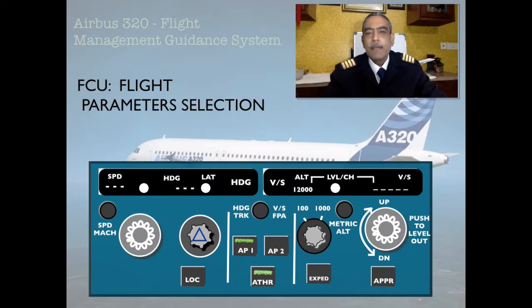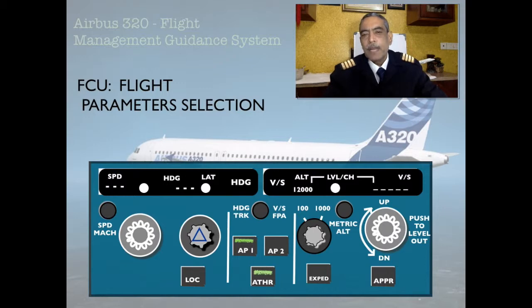Move further right, there is an expedite button. When the air traffic control advises the pilot to expedite his climb rate, then this button is pressed and the thrust is boosted up a little bit, and the autopilot automatically increases the rate of climb.